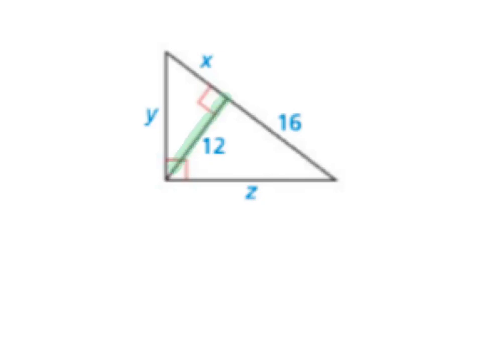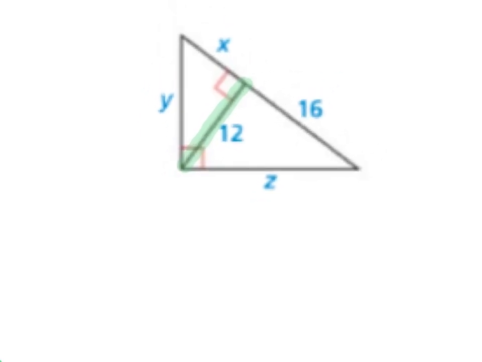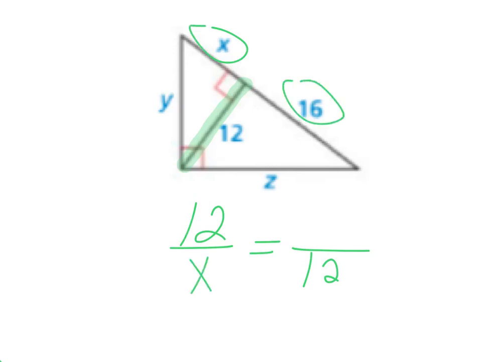We've talked about altitude, right? So we know the altitude is 12, okay? So the altitude is the geometric mean. So I can set up my proportions: the altitude, which is 12, is the geometric mean. So it's going in opposite corners. What is it the geometric mean of? The two pieces that it touches, in this case x and 16, okay?